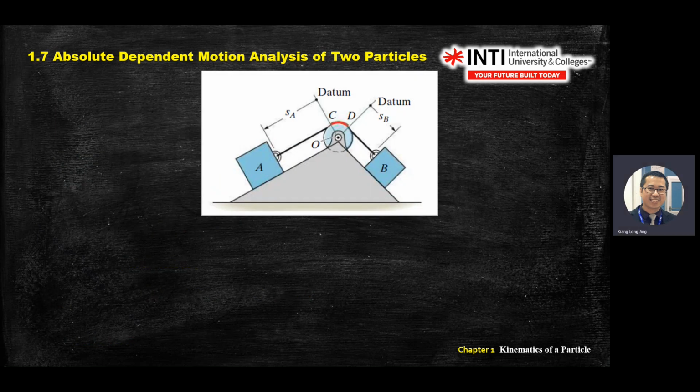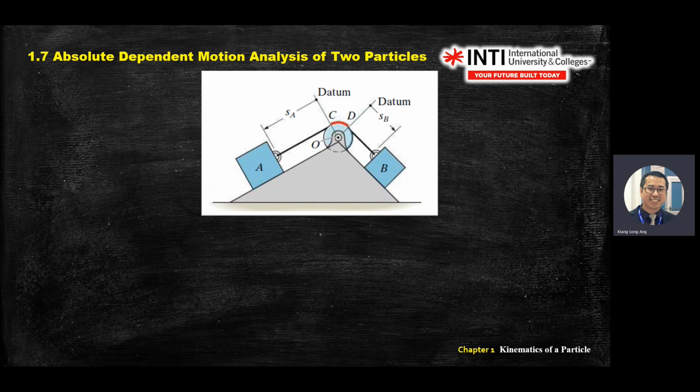Previously, we learned about position, we learned about velocity, we learned about acceleration. So there are things changed to this black line here. The total length doesn't change. SA will change, SB will change, but CD will not change.